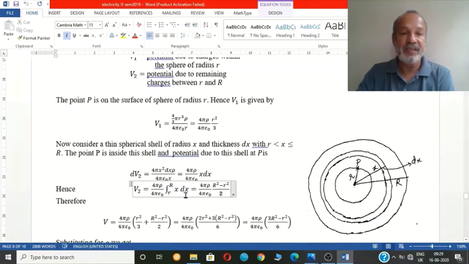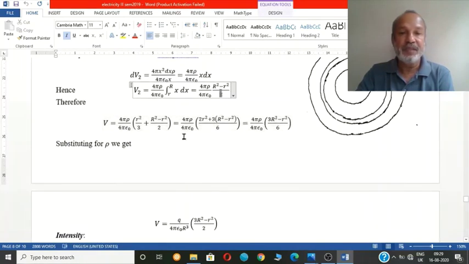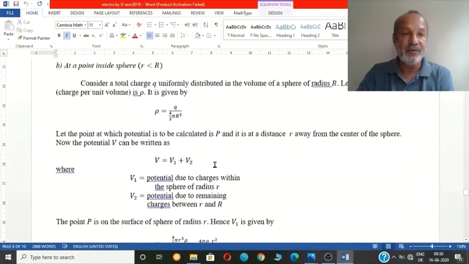Integral of x dx is x square by 2, that is written there. So that is simplified. This calculation you can check. In case of any doubt, you can call me or WhatsApp me. You can also substitute for rho.